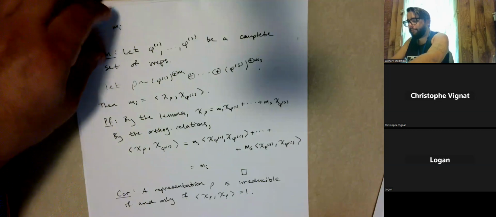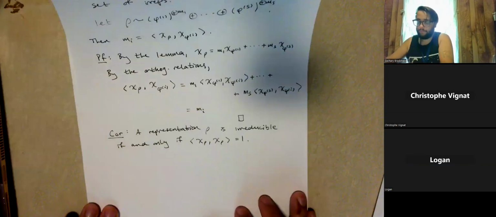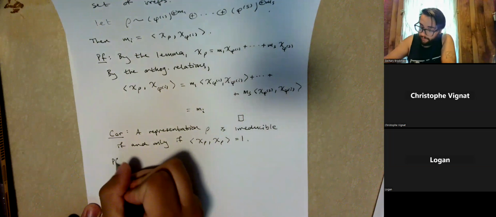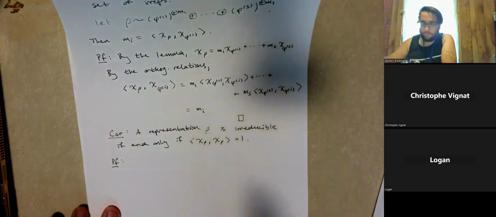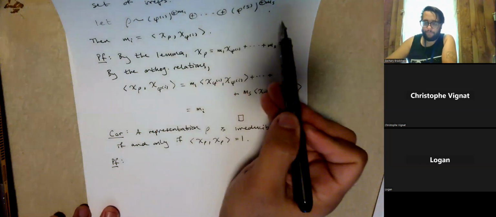So let's go ahead and prove that. Okay, so we suppose rho is of this form again. I don't want to write it out again.